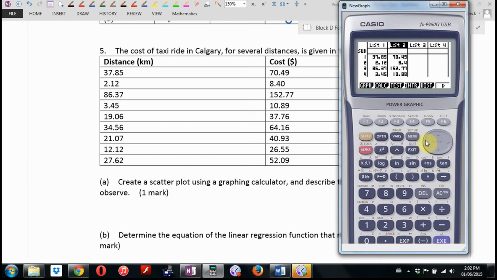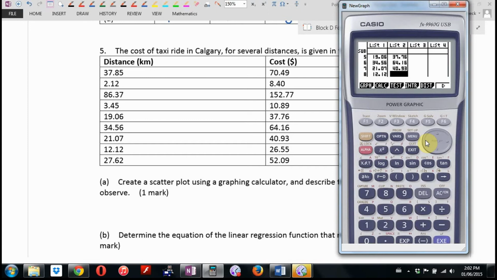What happened there? Something go wonky here? I'm missing some terms here. Stuff's not matching. Okay. 20.07, 40.93.